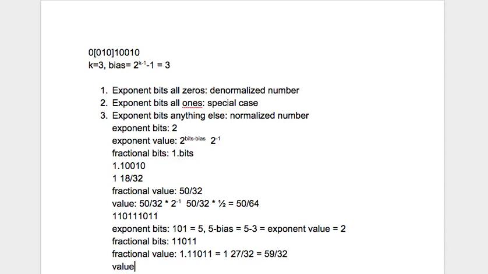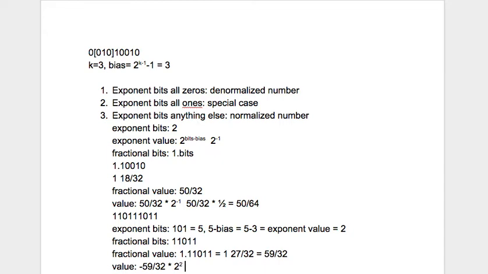Now for my overall value, the sign bit, if you look back up there, was 1, so this is going to be a negative value. Here were my exponent bits, here were my fractional bits. So my value is negative 59 over 32 times the exponent value, 2 squared.